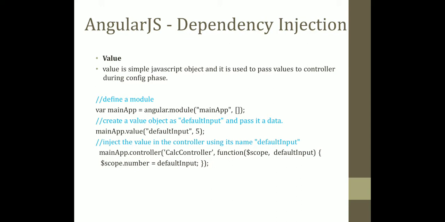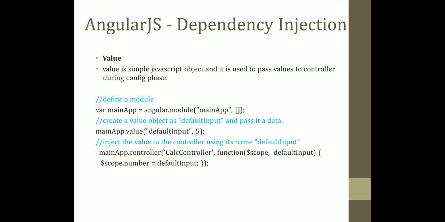So now we want to inject the value in a controller using its name, that is defaultInput. So how to inject it? We'll see. mainApp.controller, and the controller name we have used here is CalcController.